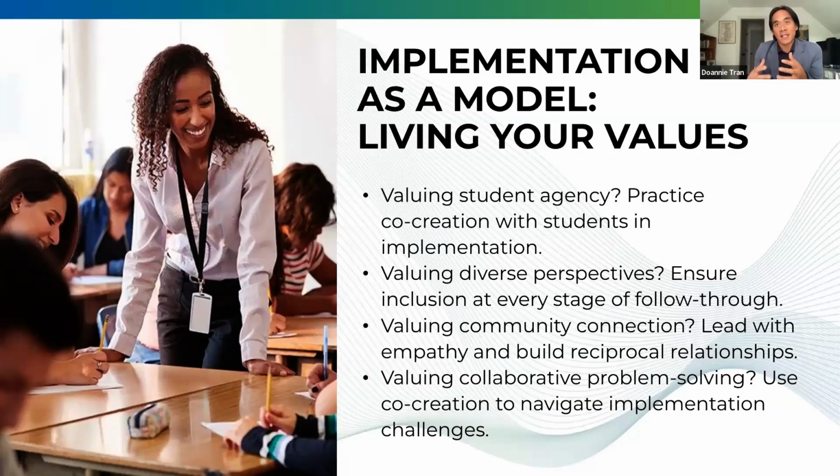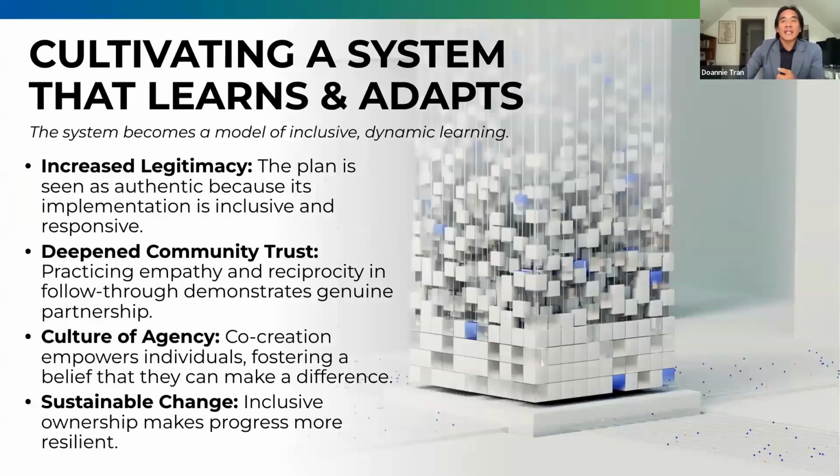And we think that this alignment creates a culture where everyone can experience the kind of inclusive, dynamic learning that we're trying to spur everywhere. And it helps us to create a system that ultimately is able to learn and adapt. What we think comes out of that is increased legitimacy, because the plan is seen as something that isn't talking out of both sides of your mouth, where you're saying one thing and doing something else.